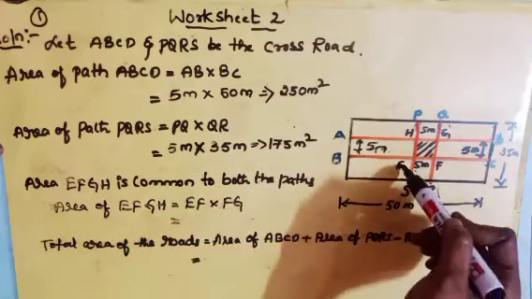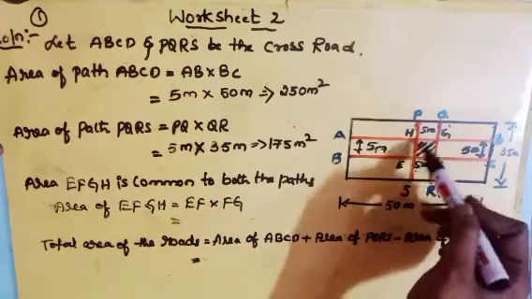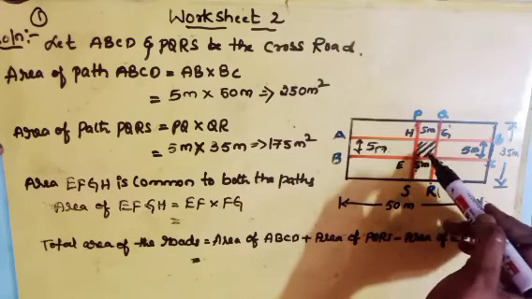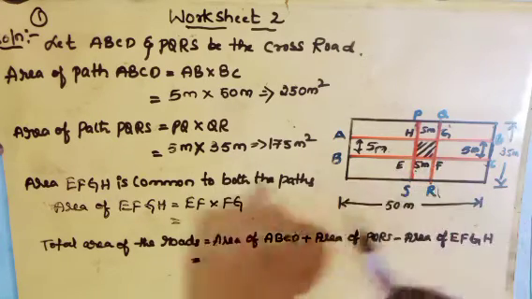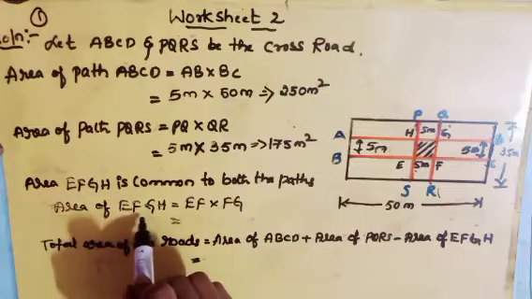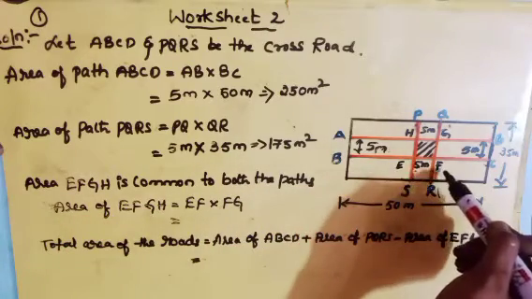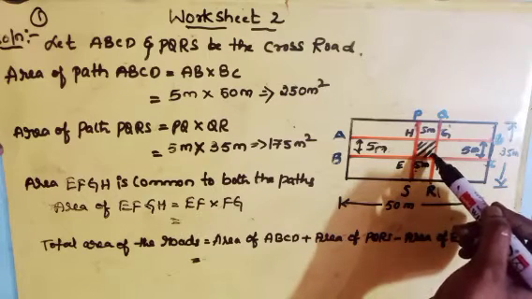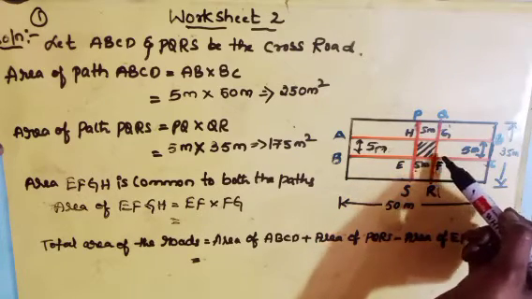Next, EFGH is common to both the paths. This EFGH is a square shape, and it is common to both the paths. So let us find the area of EFGH. Since it is a square, the area is side into side.